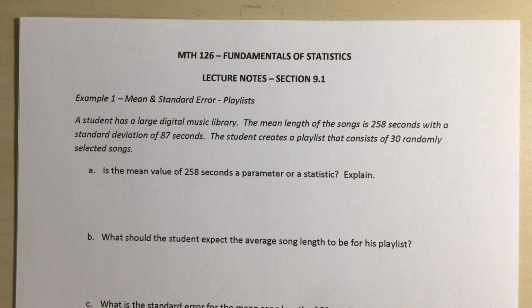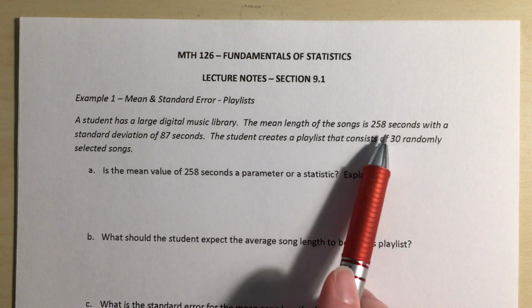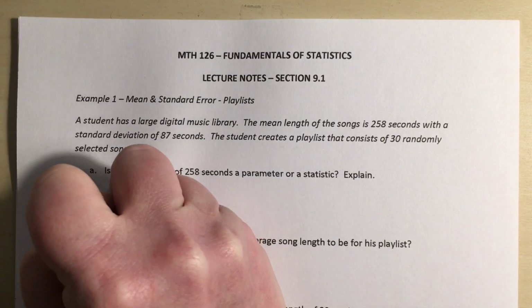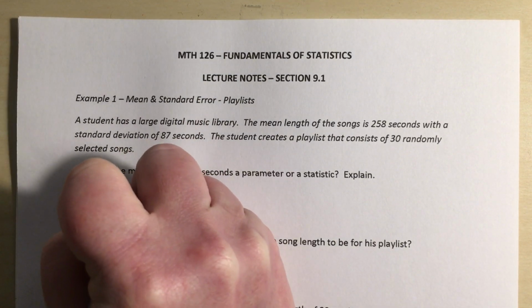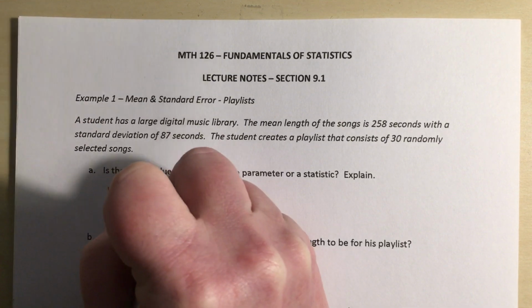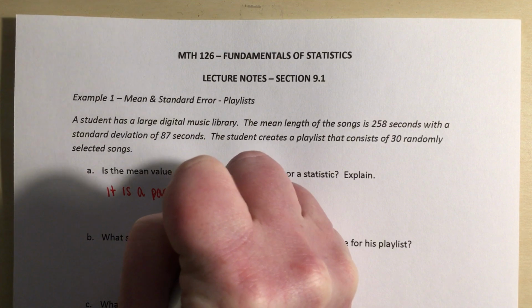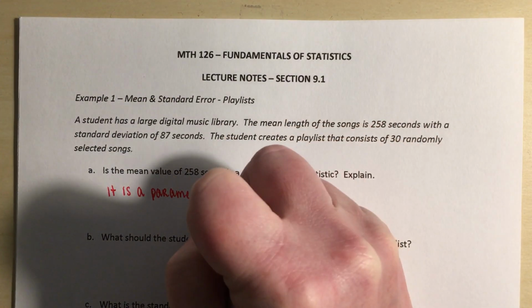Is the mean value 258 seconds a parameter or statistic? Explain. In this case, we're talking about the mean length of all of the songs in the digital music library. So we are going to say it is a parameter because it is the mean of the population.